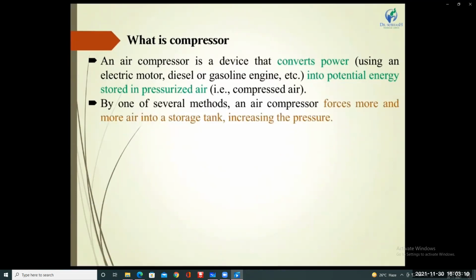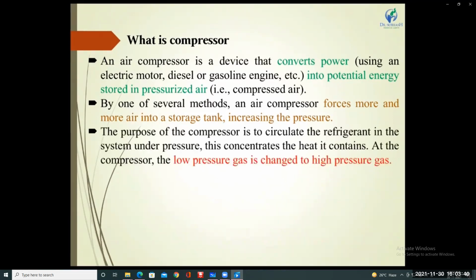By one method, the air compressor forces more and more air into the storage tank and increases the pressure. This compressor we use in our refrigeration system, so it requires higher and higher pressure. The compressor discharge flow is very slow, but it gives a higher pressure at the output.